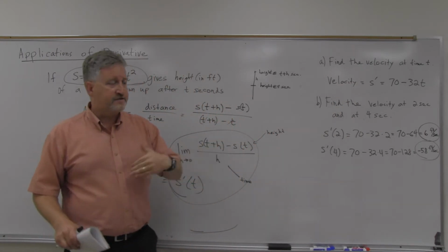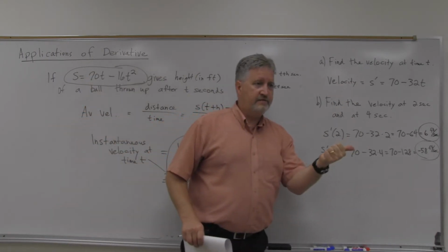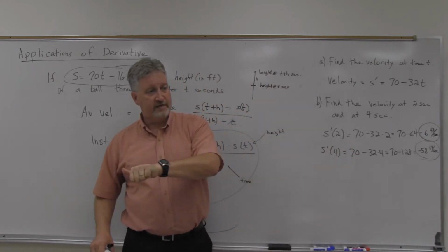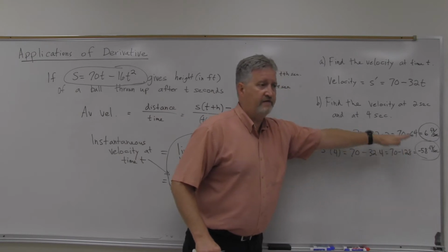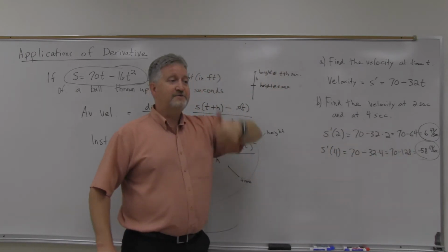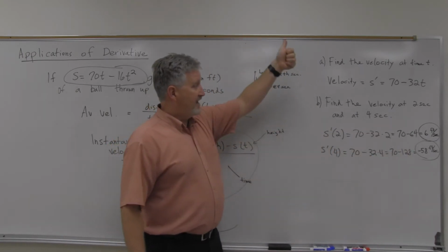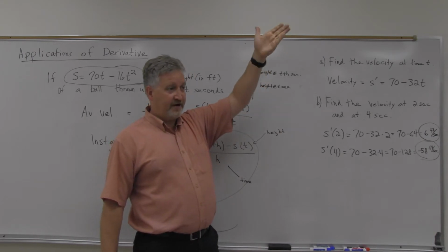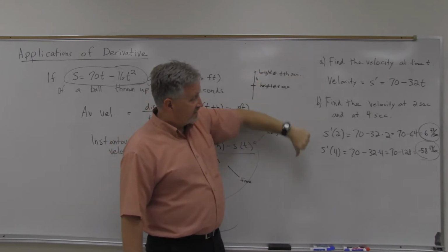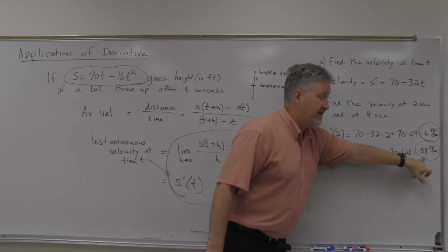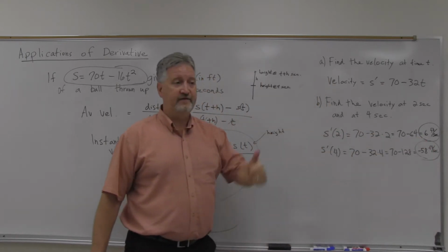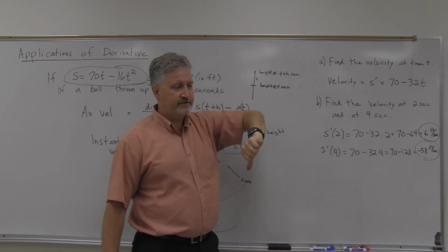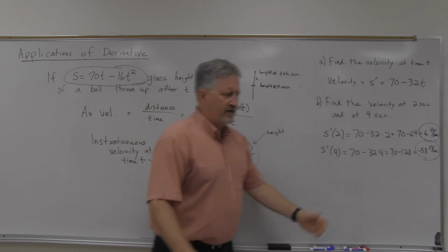Velocity is directed, so we've got a positive direction for velocity, and then a negative direction, the opposite direction. That's what this is verifying. At 2 seconds it's still on the way up, but at some point it turns back around and comes back down. And so that's what this is saying. It's the opposite direction as that 2 second velocity, because it's traveling in the opposite direction. So velocity is just directed speed.